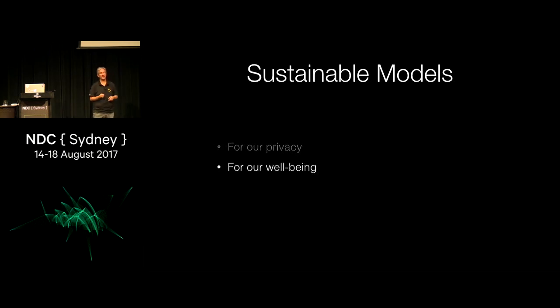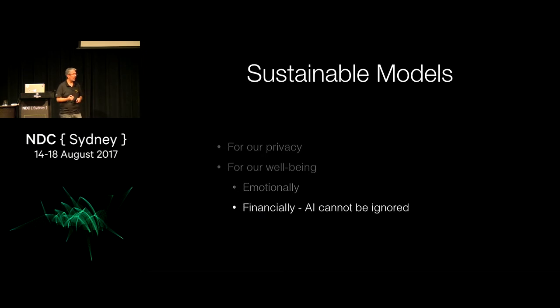We need to start thinking about it for our well-being, because it can lead us down a dark road, both emotionally and financially. Because as much as we want to duck our head in the sand and say, oh, yeah, well, I saw a GIF of this robot that tipped over and I'm not worried about my future and everything's going to be okay, it's not.